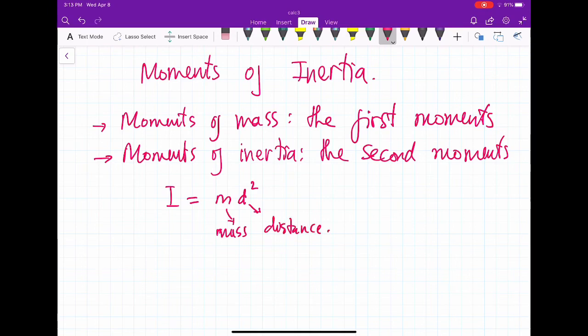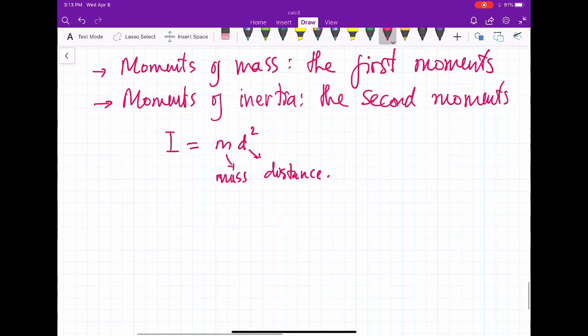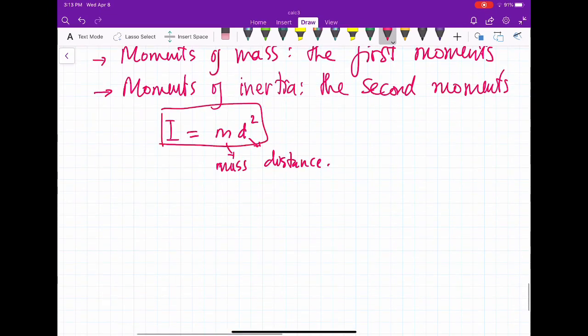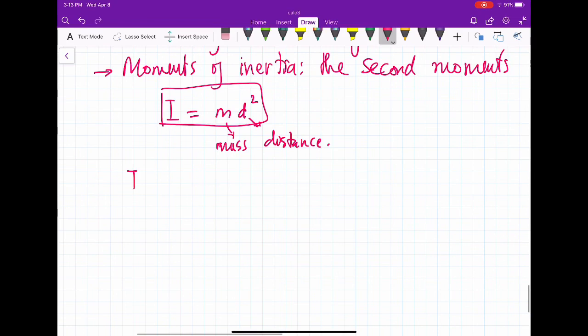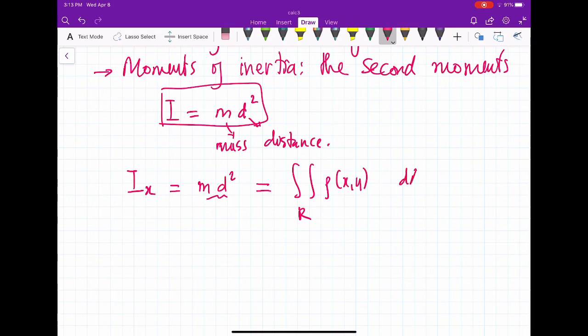Similar to the case of the moments of mass, we can find moments of inertia using this idea. So the moment of inertia with respect to the x-axis is equal to m d squared. If I generalize to the case of double integrals, the mass is the double integral of rho of x and y dA, and the d in this case, the distance from that point to the x-axis, is y.